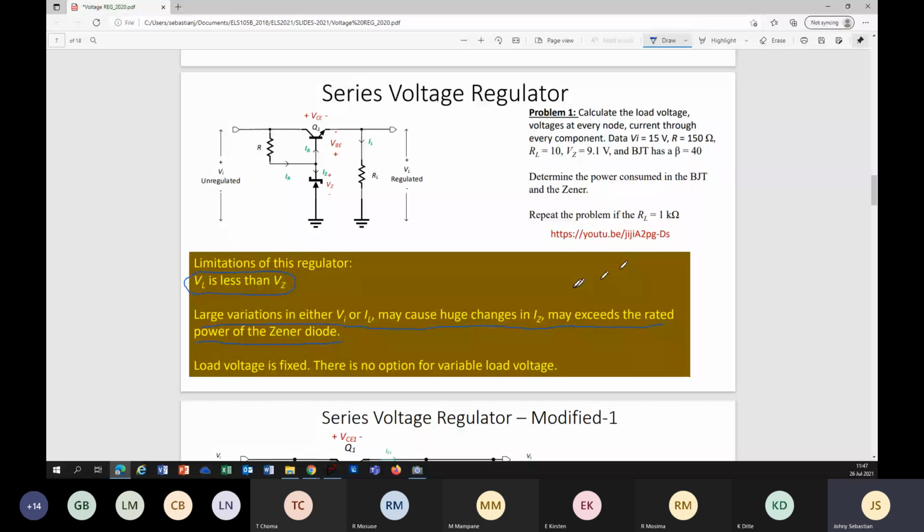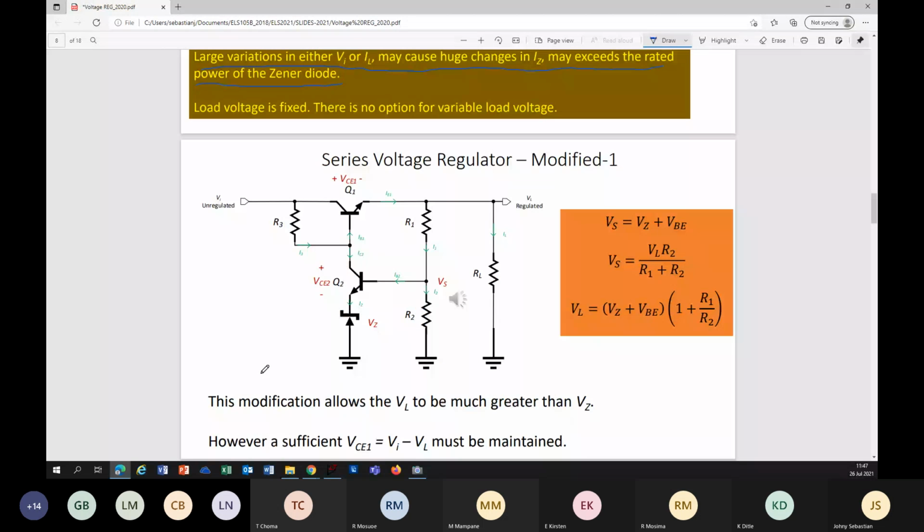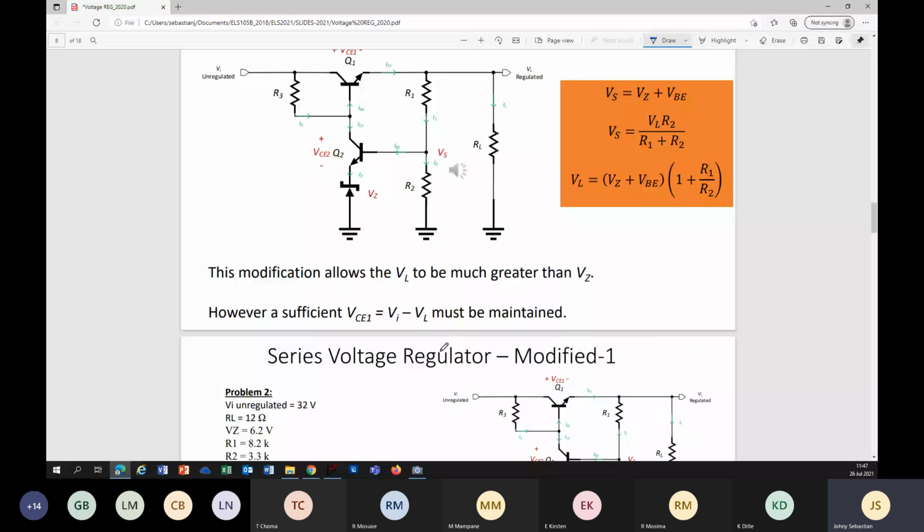This is a modified series voltage regulator. What is the modification? Looking at the diagram, Q1, the series control element, is still there.